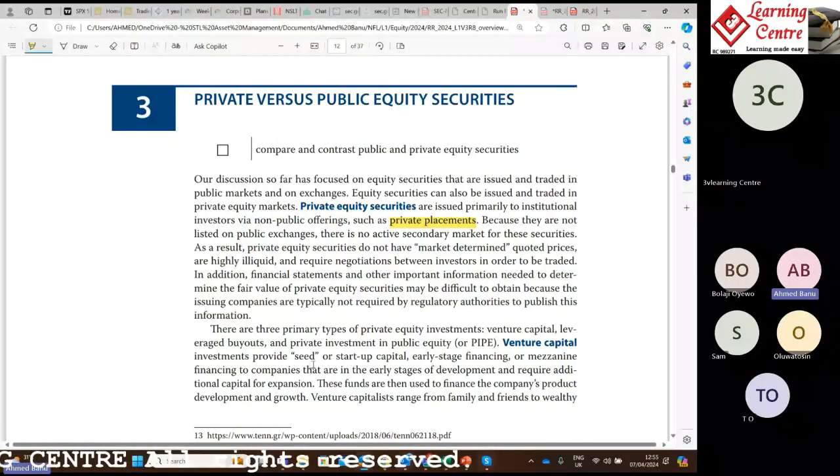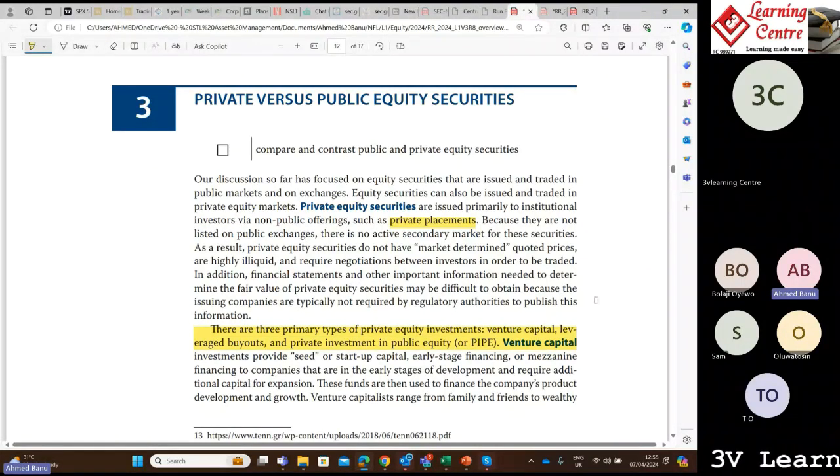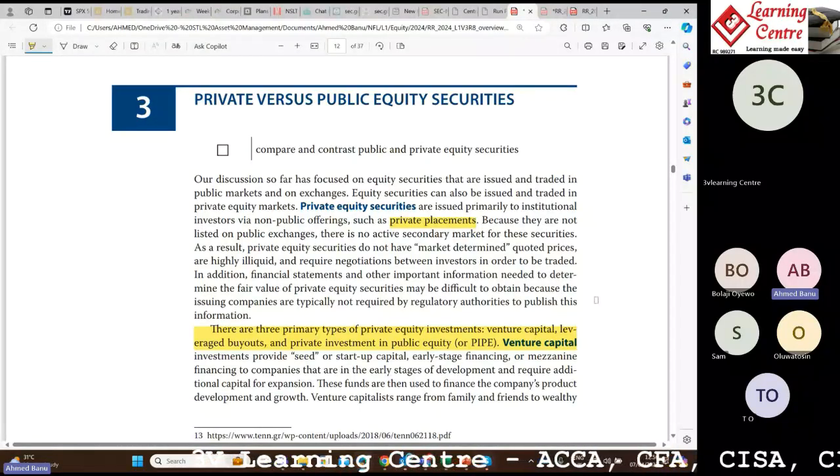Yeah, so there are three types of private equity investments. We have venture capital, leveraged buyout, and what we call PIPE. Venture capital investments are investments that you make in startup companies, what we also call seed capital, mezzanine financing or early stage financing.